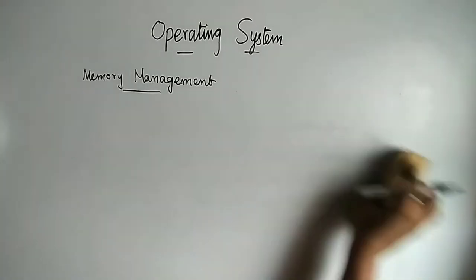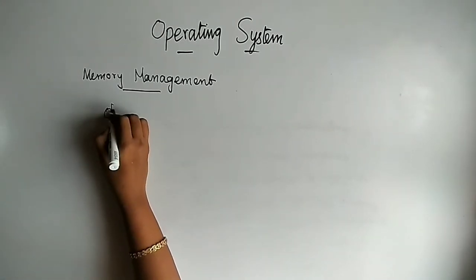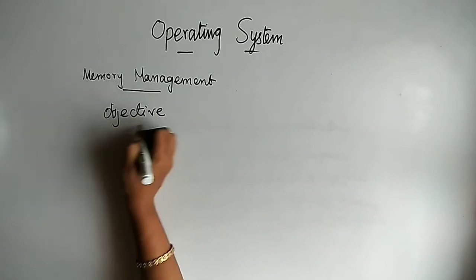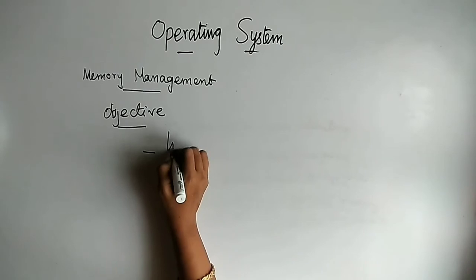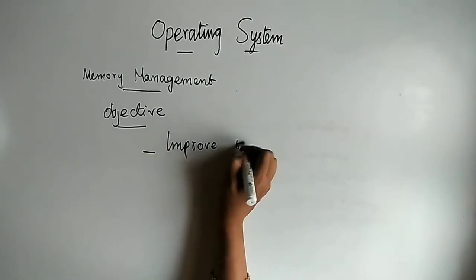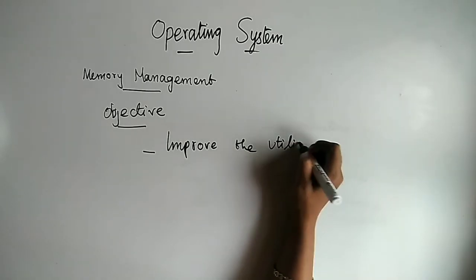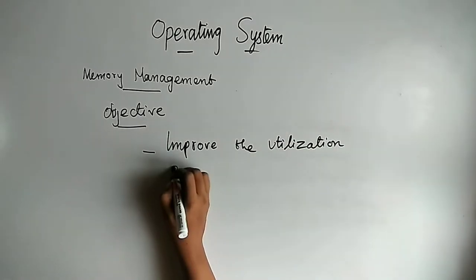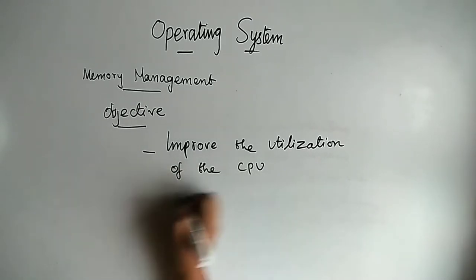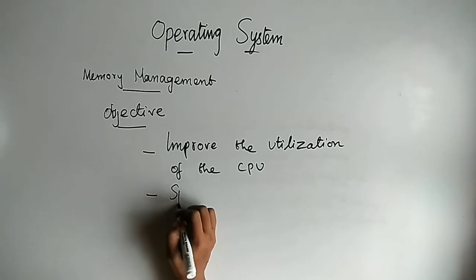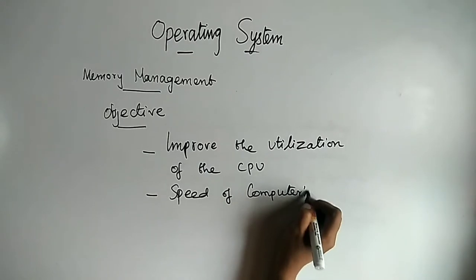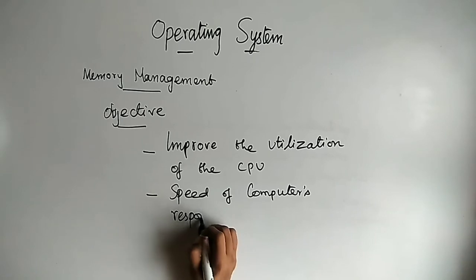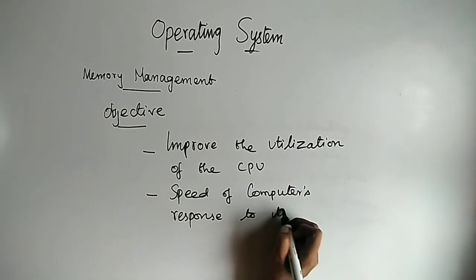Next we are going to see the objectives of memory management. First, it improves both the utilization of the CPU and the speed of the computer's response to its user.